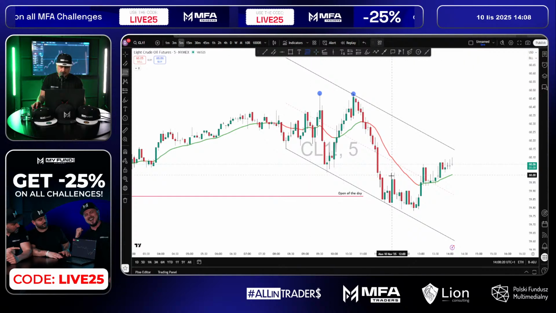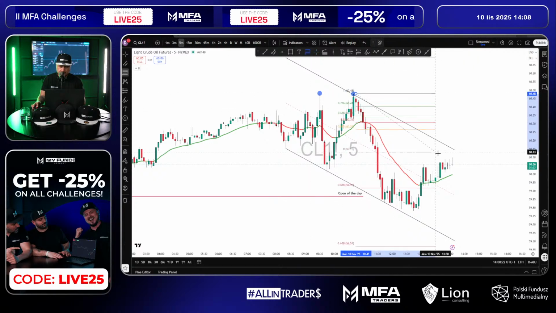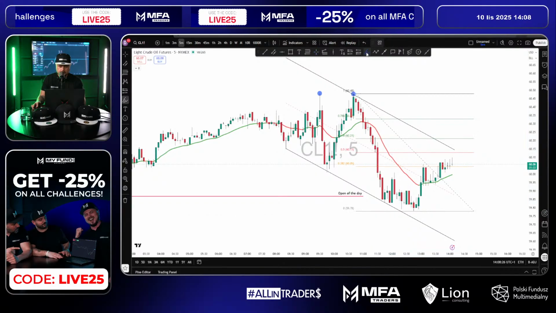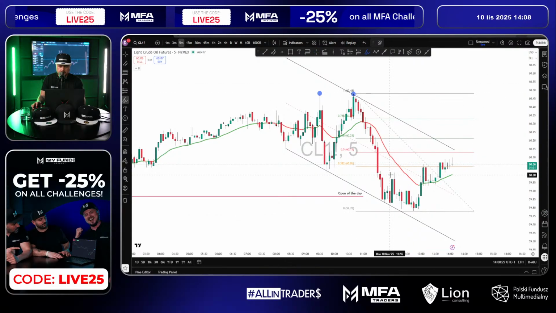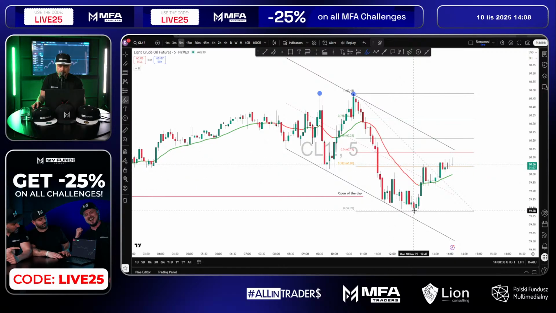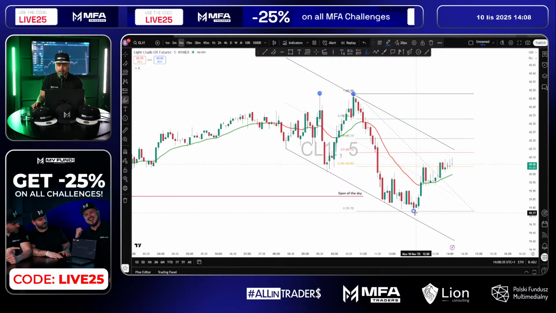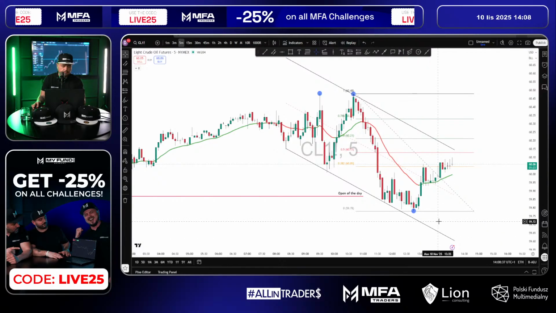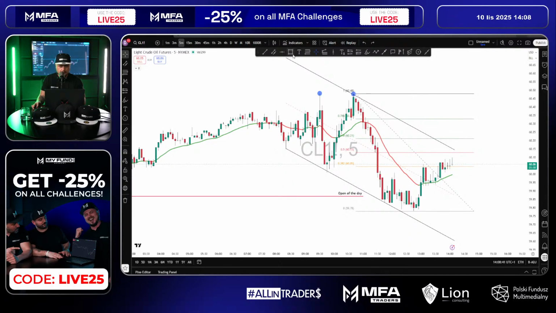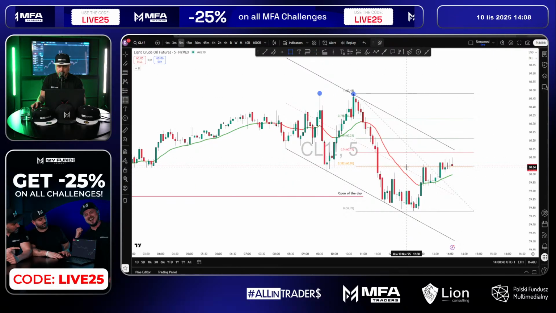Let's check pullback zone from the first leg. So I need to measure this point here, beginning of this impulse and the lowest point of this impulse right here.